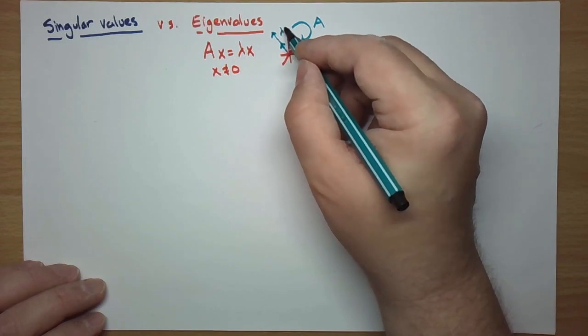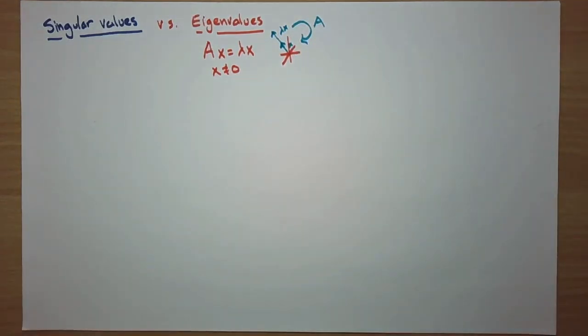Now I might possibly also reverse direction depending upon the value of lambda. If lambda is complex, that makes it a little bit more complex to see, but we'll ignore that for now. Basically the punchline is it's a scaling direction. All right, so that's cool.